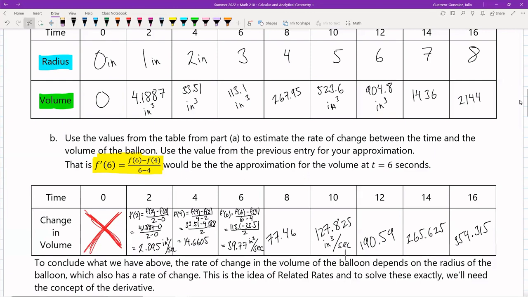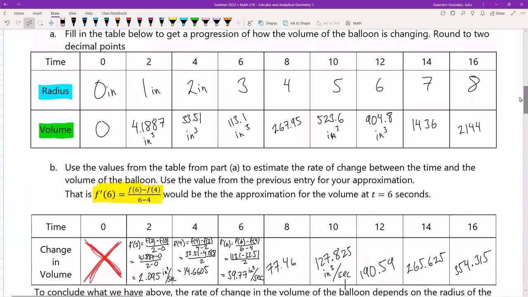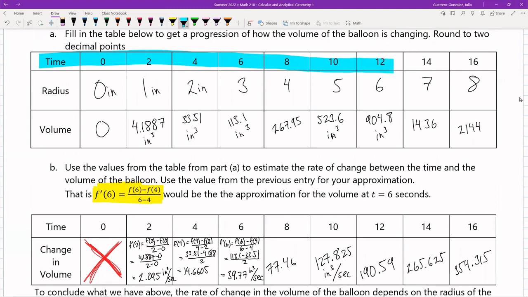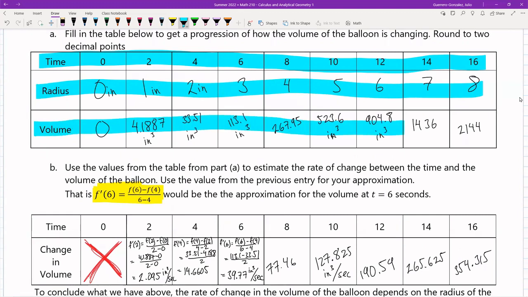So now what I want you guys to take a look at is this. Let me go ahead and get rid of the highlighting here. As the time was increasing, the radius was increasing, and those radii gave us specific volumes, correct?